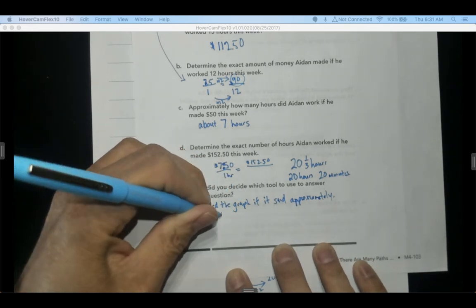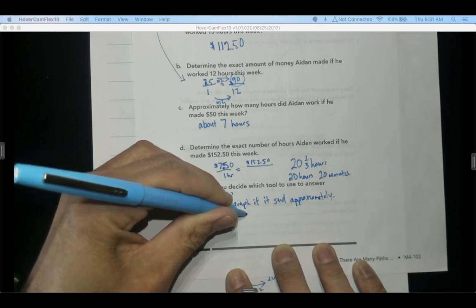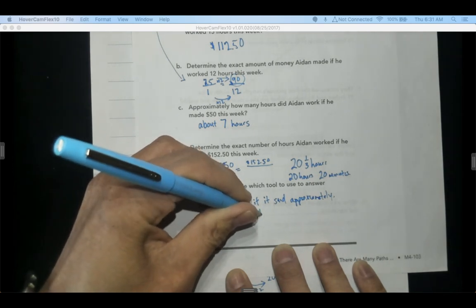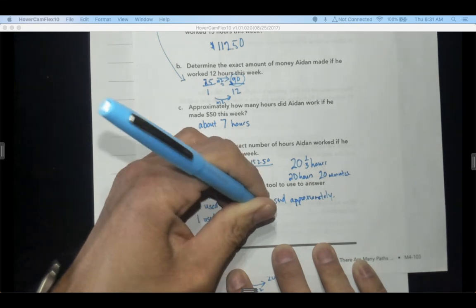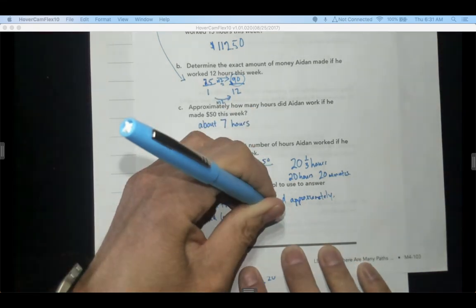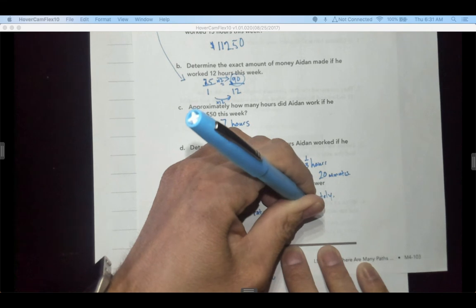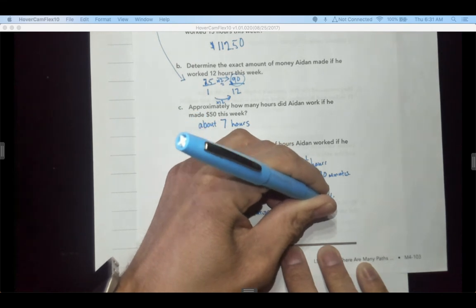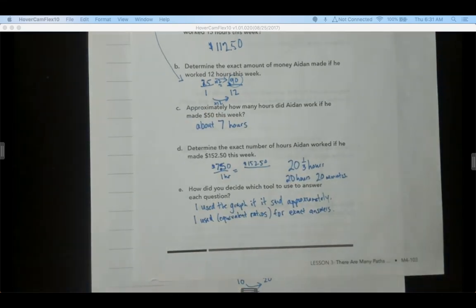I used equivalent ratios, scaling up and scaling down for exact answers. Okay. I didn't really use the equation, even though I could have with one-step equations.